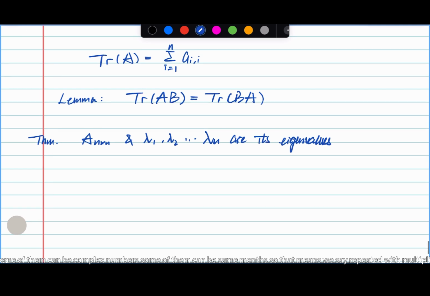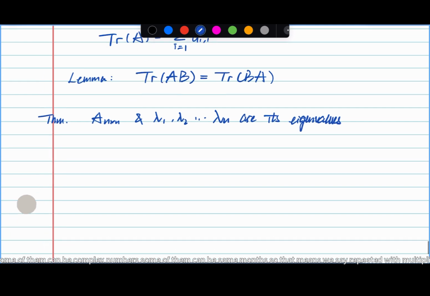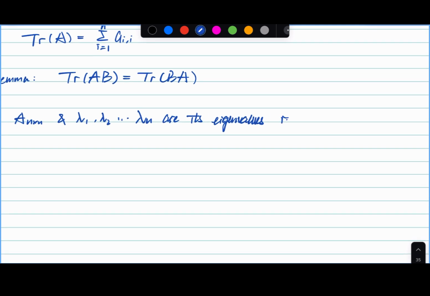Some of them can be complex numbers, some of them can be the same, so we say they are repeated with multiplicity.